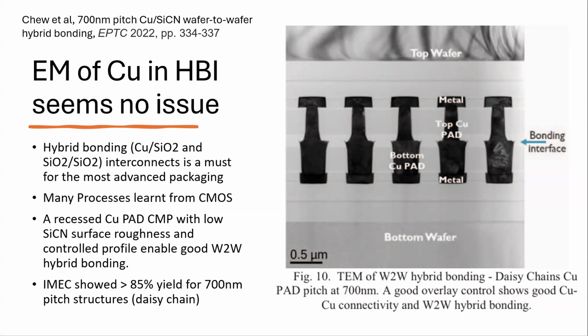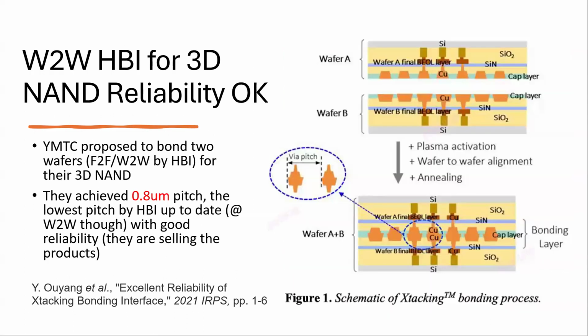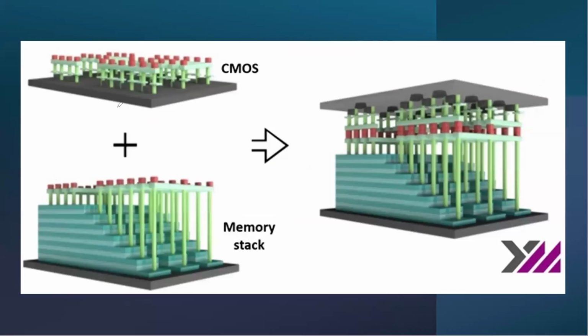And with the same wafer to wafer technology, 3D NAND reliability. This is 3D NAND, which YMTC in China proposed. When they do their 3D NAND, they are not going to build a super high stack of memory together like this. What they want to do is put the memory stack and CMOS stack on top of each other, as two wafers now.